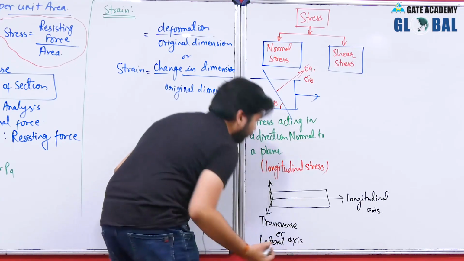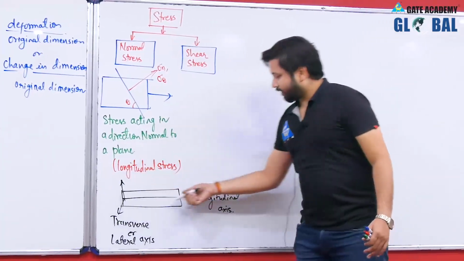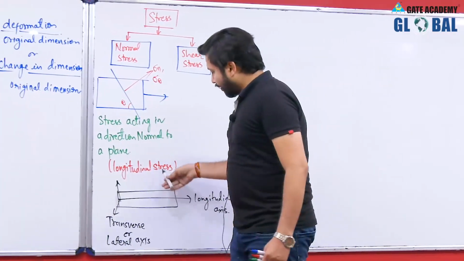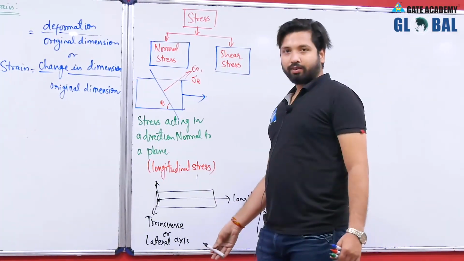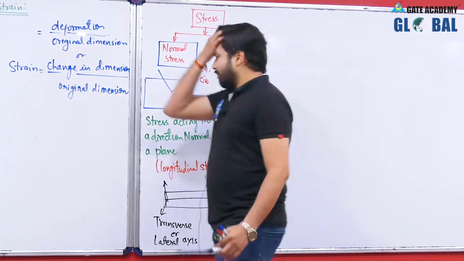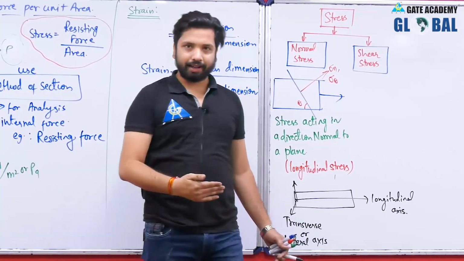Okay. Now, if the load is acting along the longitudinal direction, then the stress will be produced on the cross sectional area of the rod, okay, and that stress is known as the longitudinal stress. So, normal stress is nothing but a stress at the cross section area, okay.